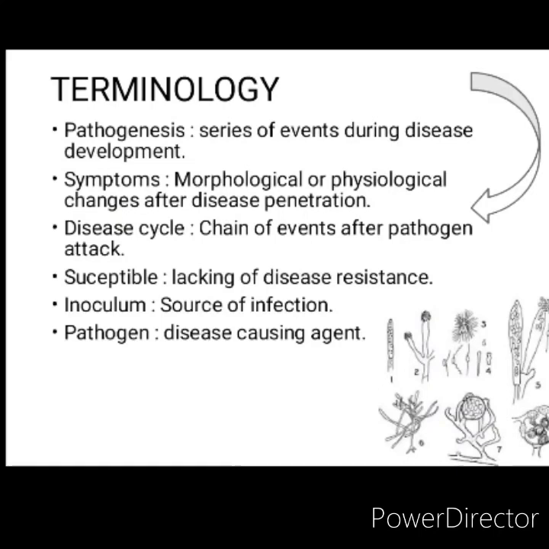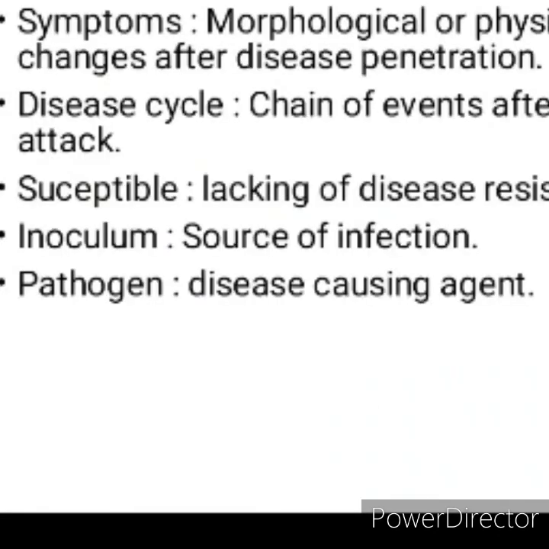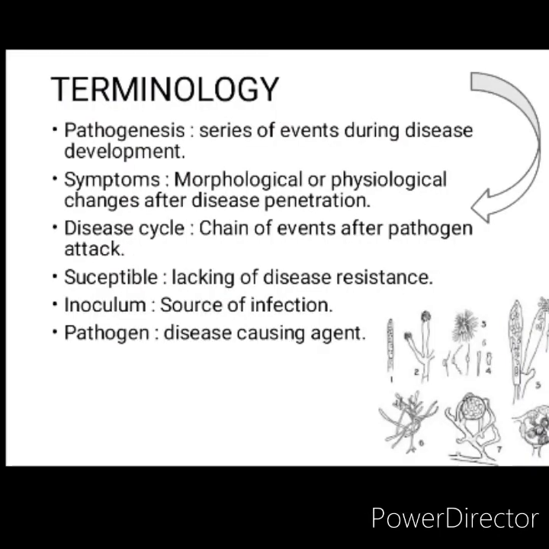The progression of external evidences of disturbance of the morphological and physiological processes of the host plant are referred to as the symptoms. So symptoms are the primary signs that can be observed in a diseased plant. It may be morphological or physiological.